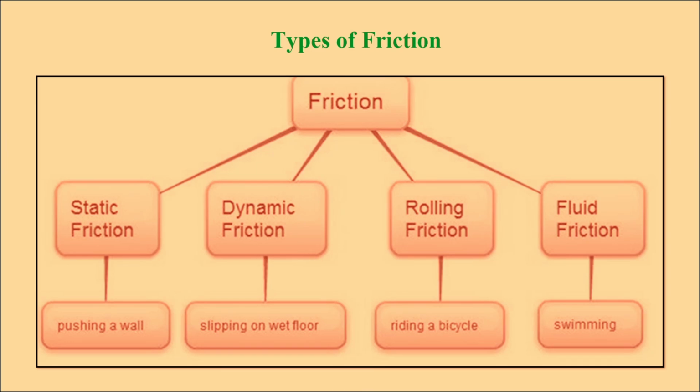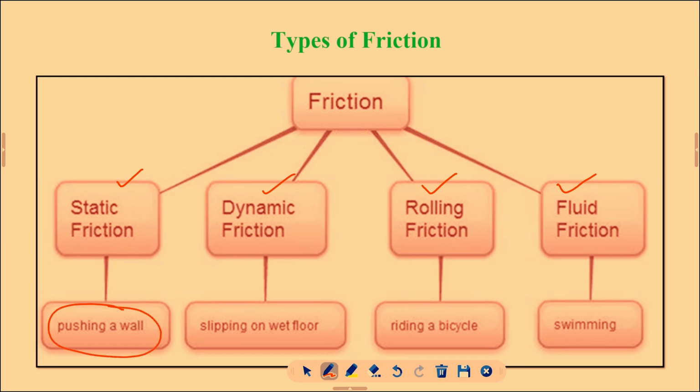Next, types of friction. There is a variety of types: static friction and dynamic friction, third one rolling friction, and fourth one fluid friction. First, a basic one is static friction. A very simple example is pushing a wall. At that point your wall is in the static condition, that is, at rest.